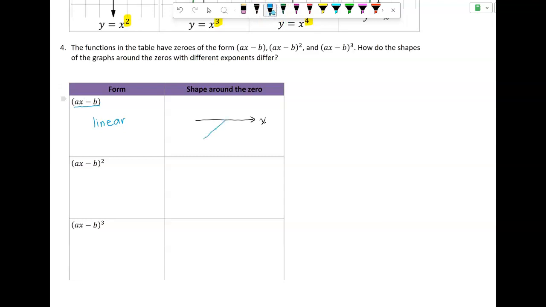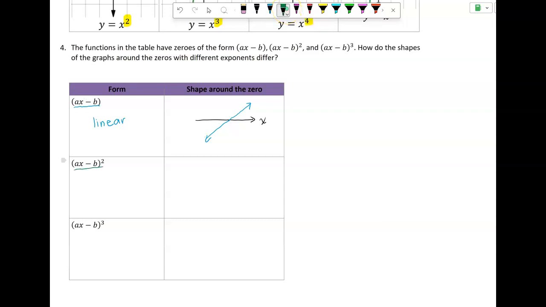Lines cross the x-axis this way, or this way, or this way, and yes, there's a horizontal one as well. If we ignore the horizontal one for now, in all the other ways I've shown you, it hits the x-axis from one side and continues through onto the other side, keeping the same slope. So that's how a line looks around the x-axis.